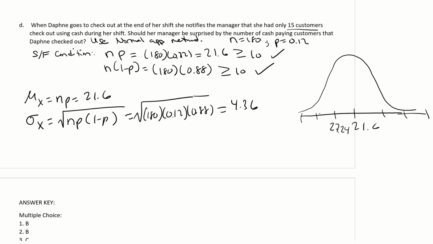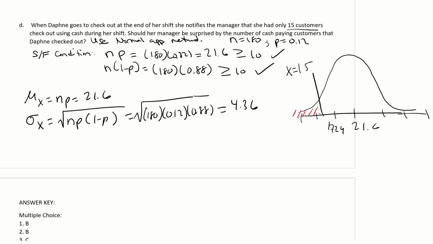And so you can clearly see that if we want it to be 15 customers, then it's going to be around here. Okay. So we want the area to the left to be less than or equal to that.